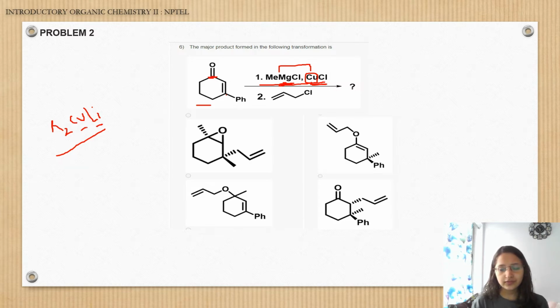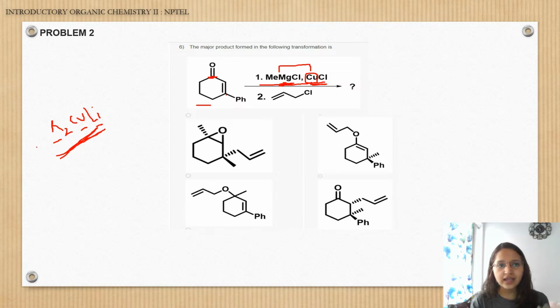See, I'm asking if you understand about the copper, right? You have heard about the Gilman reagent, right? We studied what a Grignard reagent is, what a Gilman reagent is. So just tell me, if you have this kind of system, this R2CuLi, which is a Gilman reagent, this R is a nucleophile.